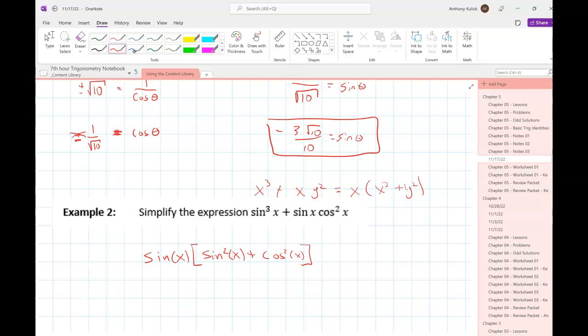Anybody with an identity idea? I'll give you a hint then. Look at the Pythagorean identities. Excellent. So Alexis says that sine squared plus cosine squared, which we have right here, is just equal to 1.